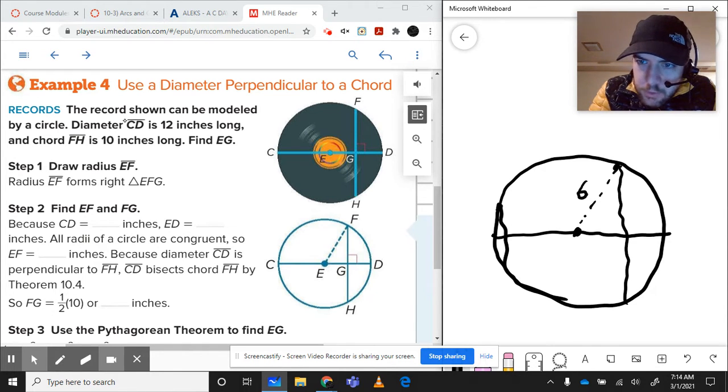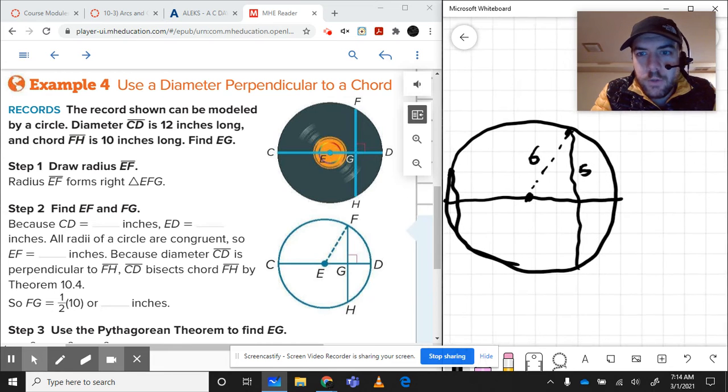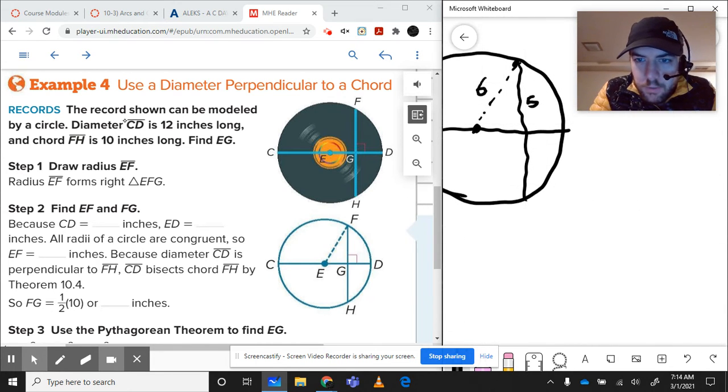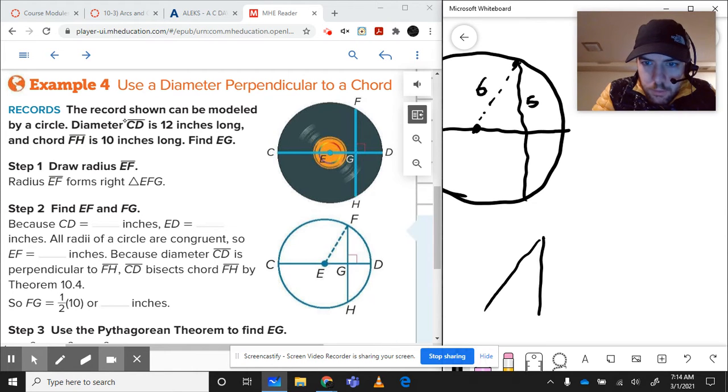Well, if the chord is 10 inches long, then half of that chord should be 5 inches, which gives us 2 out of the 3 sides of our right triangle. As soon as we have 2 pieces of information on a right triangle, we are set to figure out everything else, whether that's 2 lengths, 2 angles, or a length and an angle. As long as we have those 2 pieces of information, we can usually go from there.